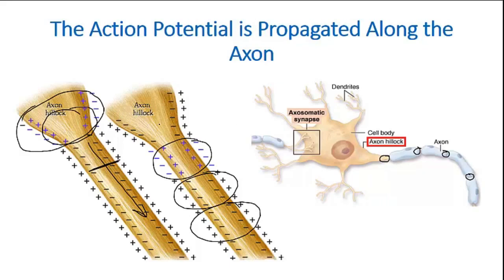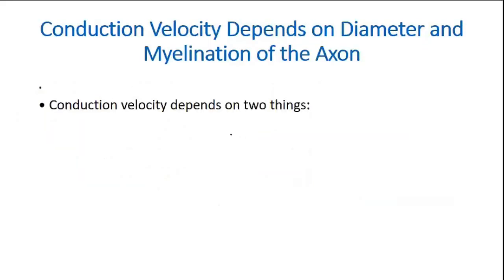You see this positive charge flows along the axon, depolarizing adjacent areas of the membrane, which reach the threshold and generate an action potential. Then the action potential moves along the axon like a wave of depolarization traveling across the whole axon from the cell body.